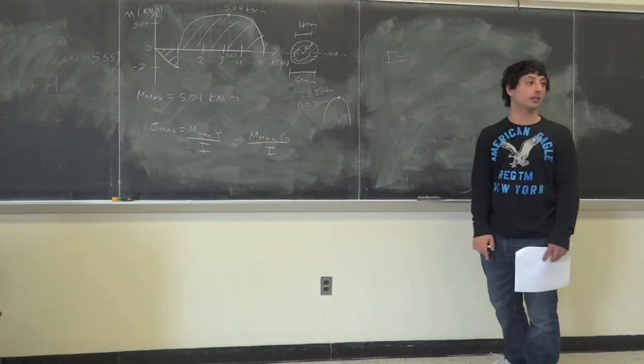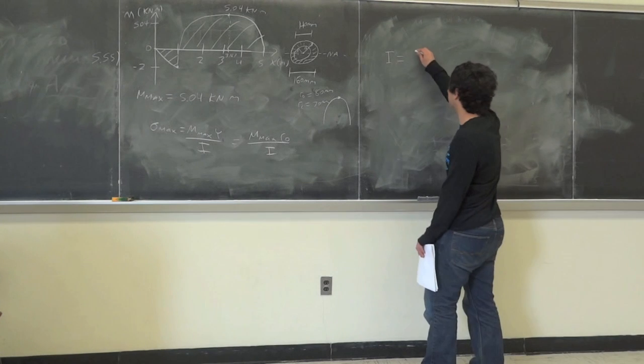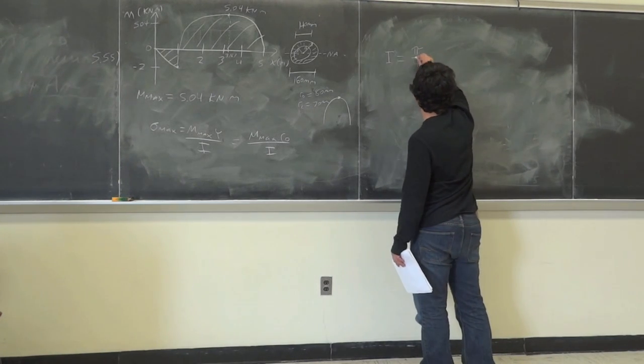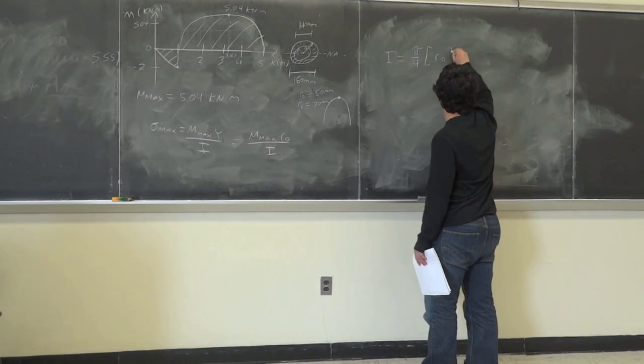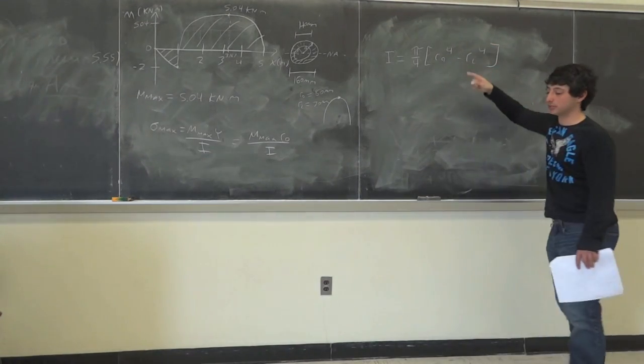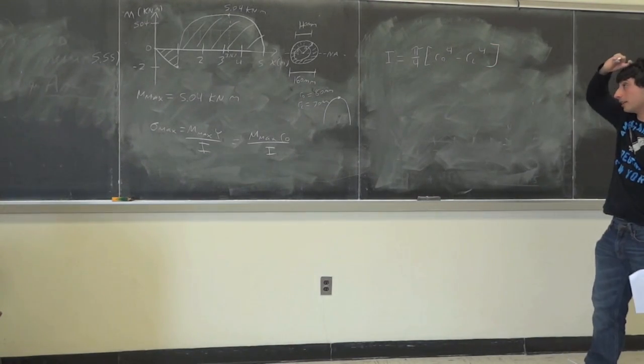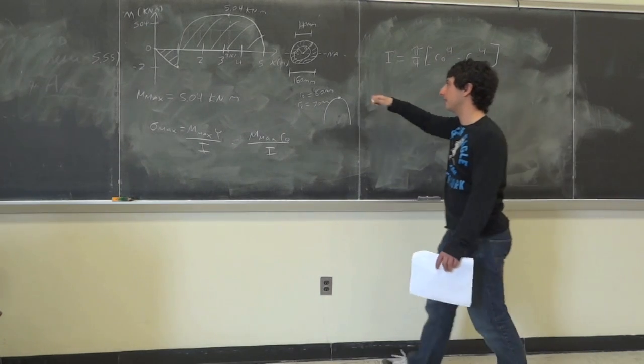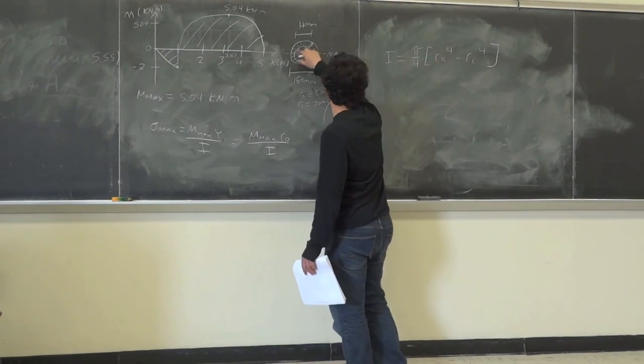What's the moment of inertia? Pi over 4 times R naught minus Ri, to the fourth. Yeah, that's right. Remember, it's to the fourth. So this is the total moment of inertia, right? It's just the outer minus the inner.